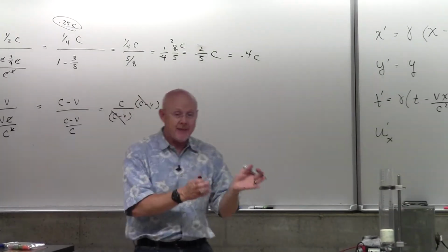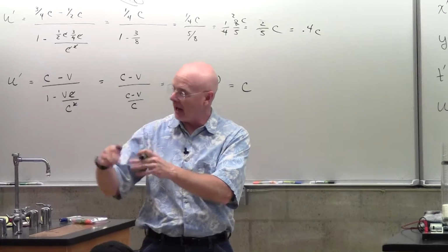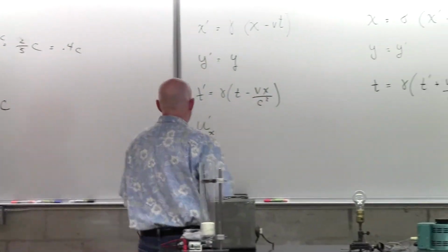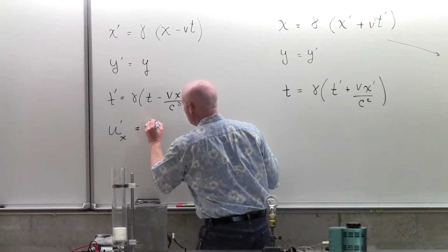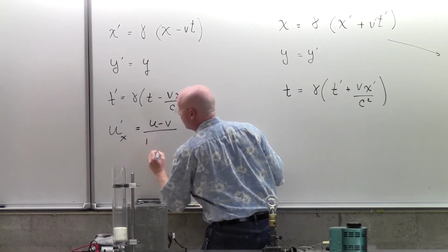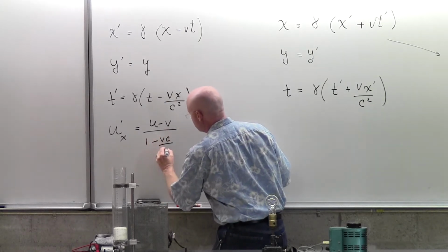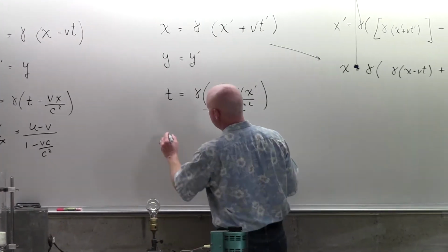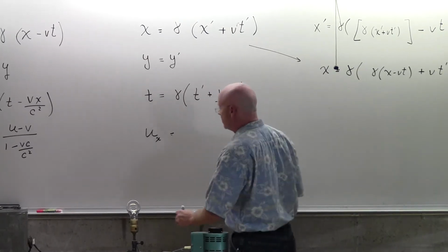This bird may be moving at an angle. And so I need to look at how does its y velocity compare. And so our first equation was the subtraction of the two, u minus v over 1 minus uv over c squared. I didn't actually go through the math, but we might as well put it up here. What if it's the other way around?